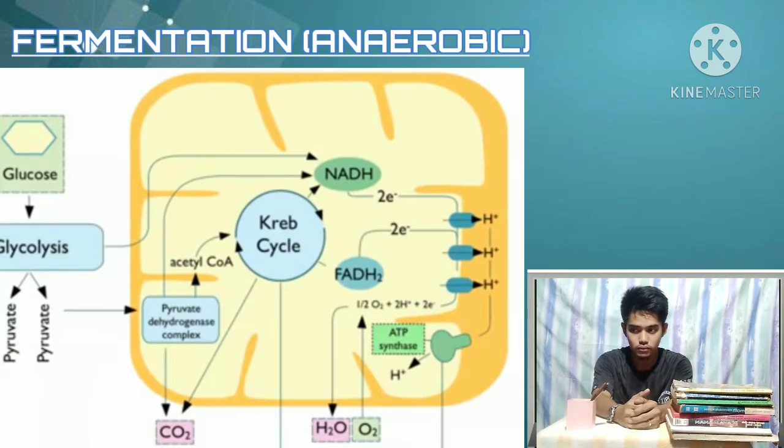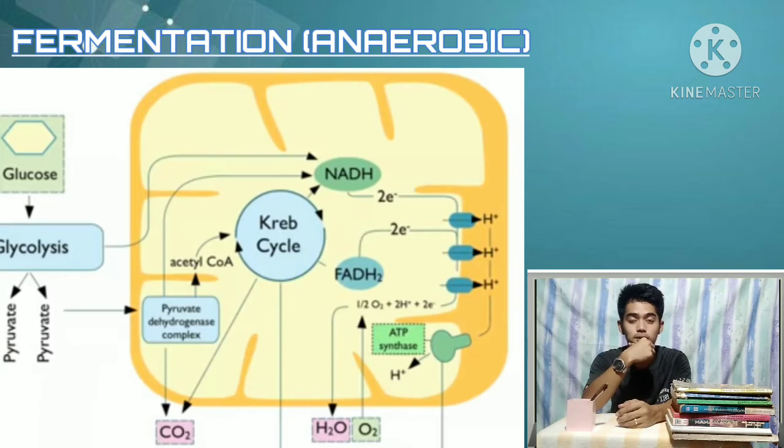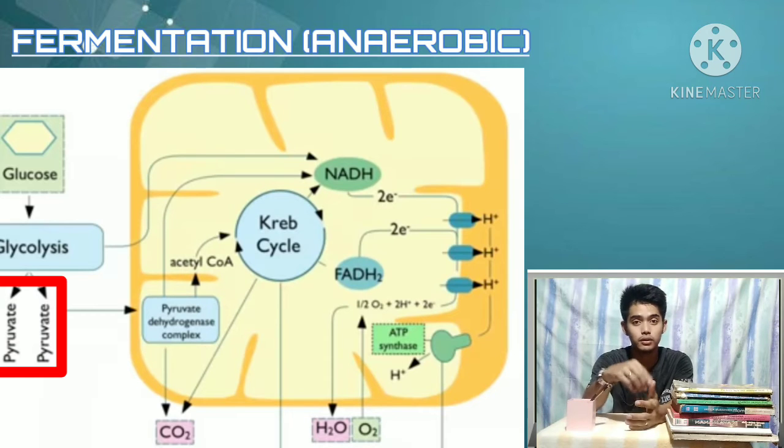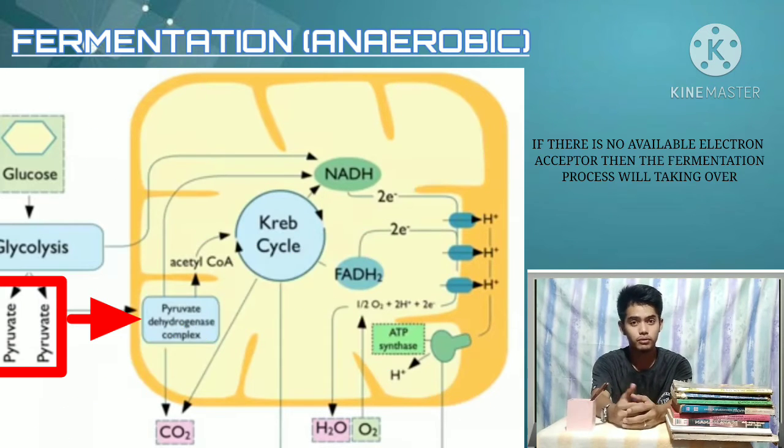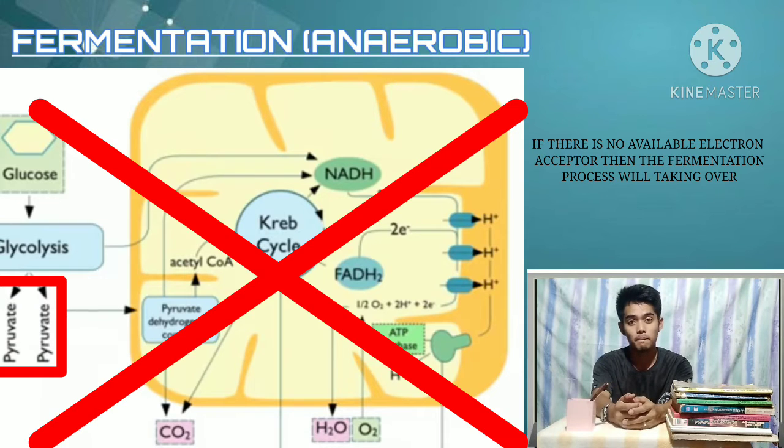When oxygen, or another final electron acceptor used by the electron transport chain, is present in a cell, the pyruvate produced by glycolysis enters the citric acid cycle, and the electron transport system is active. But if no electron acceptor is available to keep the ETC, or electron transport chain, running, then pyruvate undergoes a process known as fermentation.